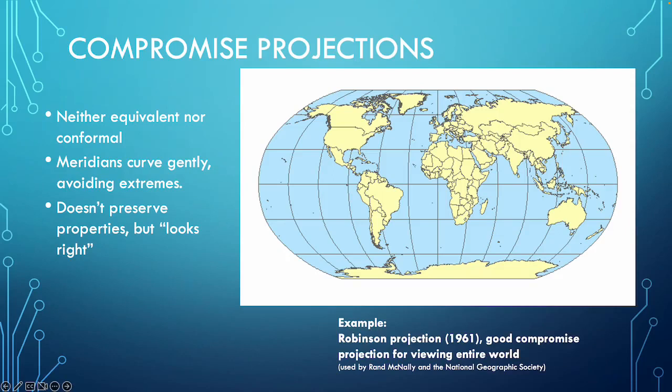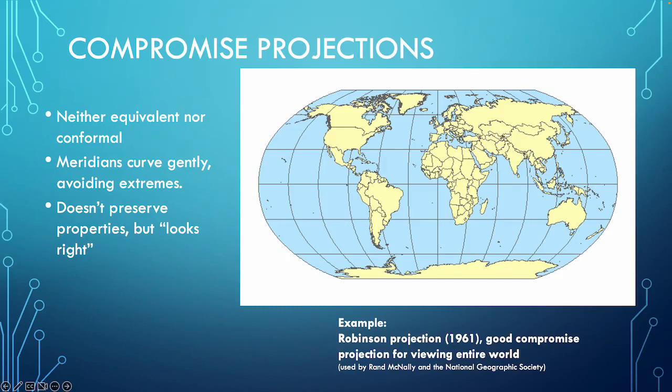So Robinson's a nice one. It's used by the National Geographic Society. There are others. Besides being called compromise projections, they're often called tripel projections. So you're projecting in three different ways to try to make them look a little bit better.